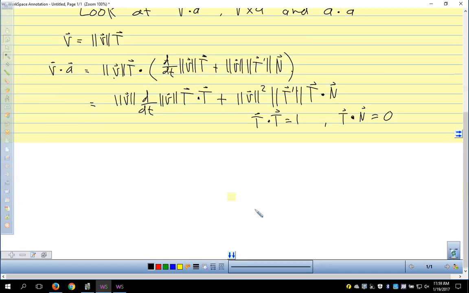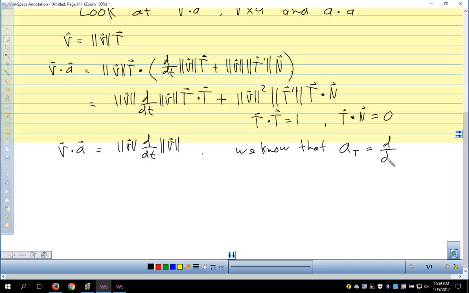So then this last term goes away, and we get that v dot a is equal to the magnitude of our velocity times the derivative with respect to time of the magnitude of velocity. And we know that a sub T is this quantity, the derivative with respect to time of the magnitude of velocity.